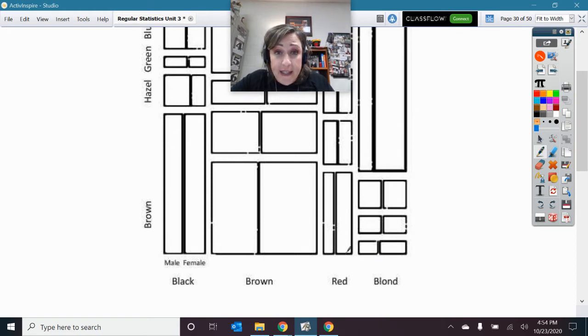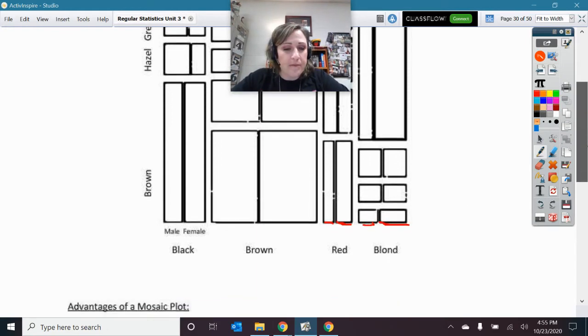Look at the redheads. That's interesting. In the redheads, I can see there's a higher proportion of females than males. It would be interesting to see overall if that's what's happening. And in the blondes, a higher proportion of females than males. I wonder if those are natural blondes or not.